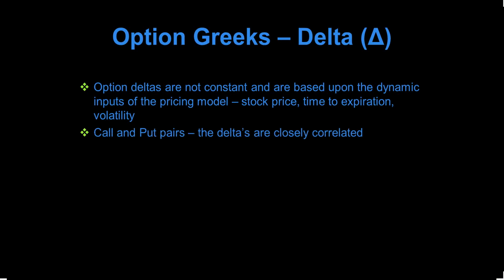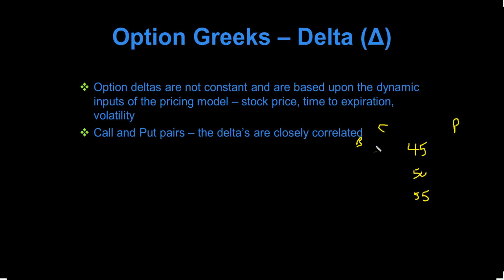Call and put pairs. What do I mean by a pair? Well, again, we'll go into that in detail in the synthetics, but essentially a put-call pair is on the same line of an option chain. And you guys know the option chain, right? So if you've got 45, and then you got 50, and then you got 55 right here. So you've got an option chain, and then you're showing call prices over here. You're showing put prices over here.